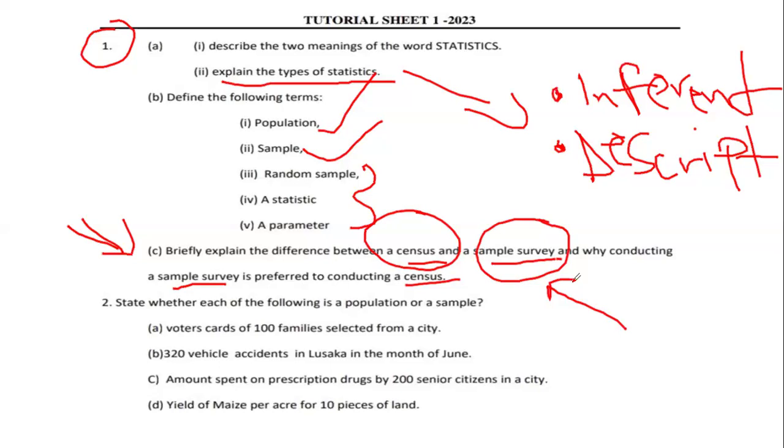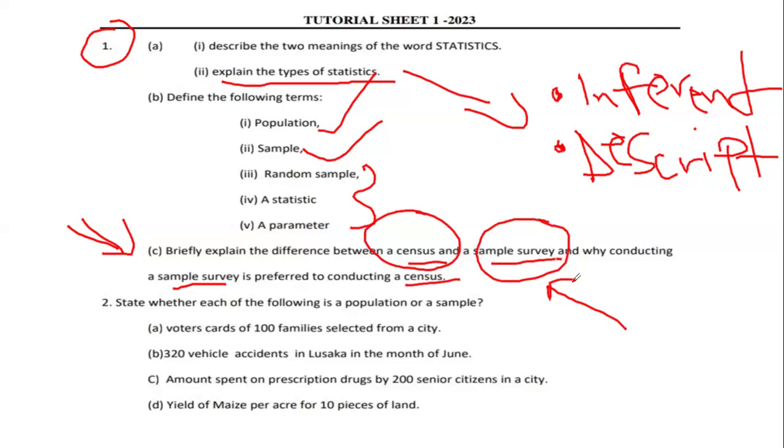Yes, okay. So it is very important to mention the words the whole population. That will be the census. And then a sample survey, we said, is the technique that you are using to count those people, or to get those measurements that you want. That is what we are going to call a sample survey.